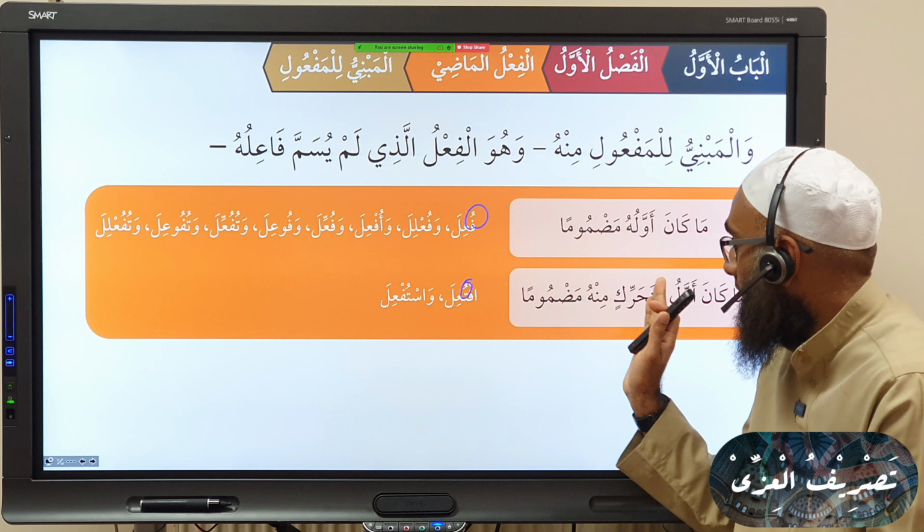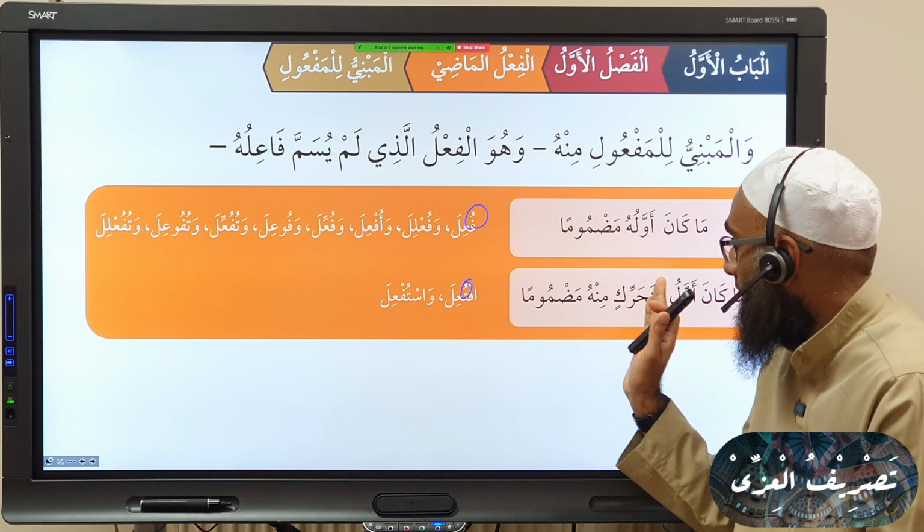The first letter is what? Madhmum. Or, same thing, awwalu mutaharrikin minhu madhmum. So for example, uftu'ila, ustuf'ila. If you do ibtida, it'll be uftu'ila. But if you do darj and you do wasl, it'll be waftu'ila. So don't worry about this, you don't have to worry about that.